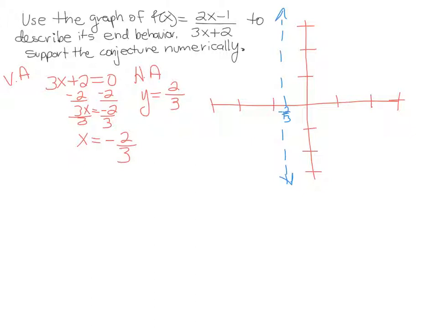So 2/3, it's 2 out of 3 parts of 1, so it's about right here, and that's going to be my horizontal asymptote. So I draw a dotted line, because it's an asymptote. Every time you have asymptotes, it's dotted lines, okay? So there I have my 2 asymptotes.